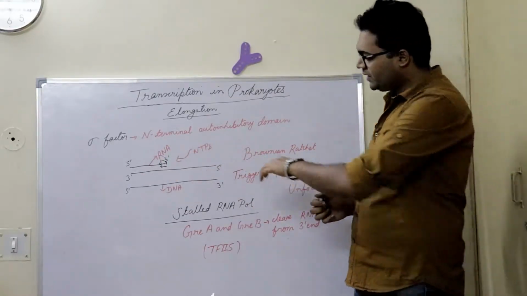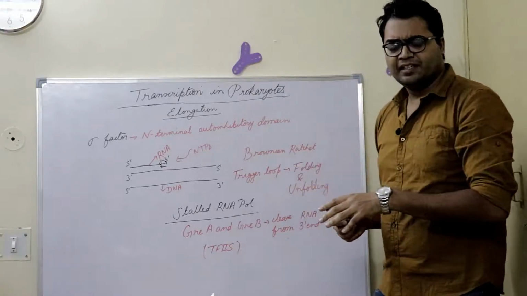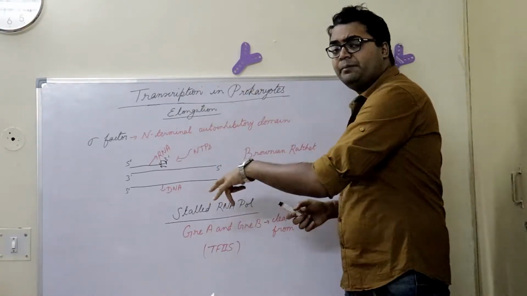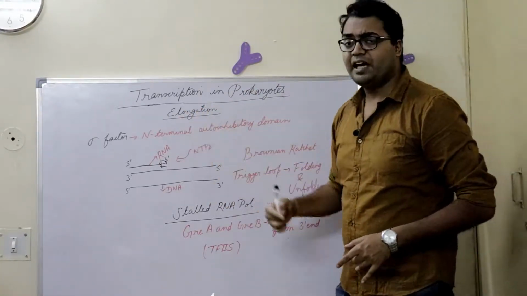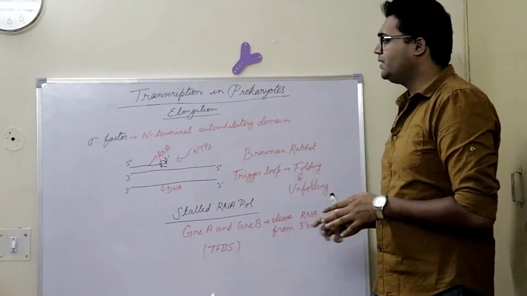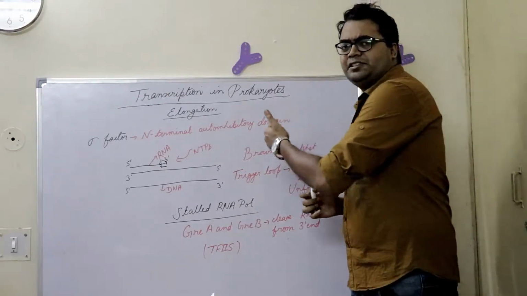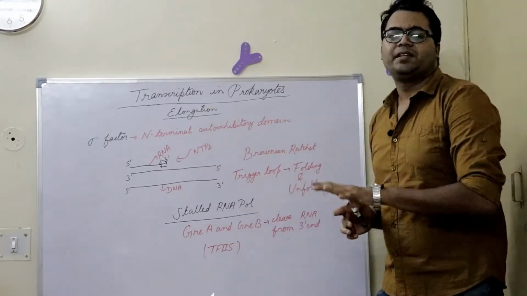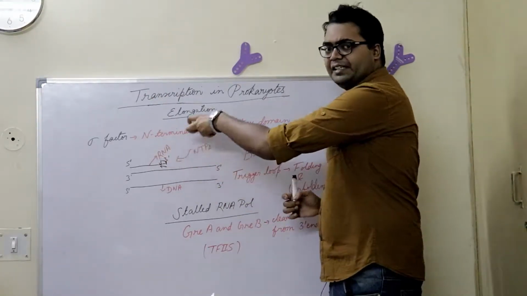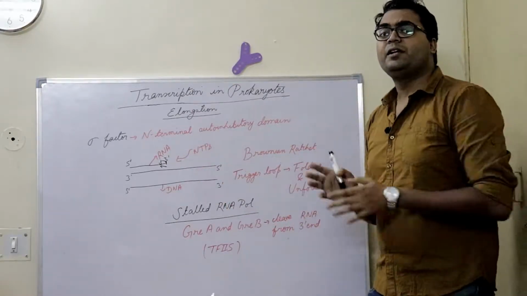Now this reaction fundamentally occurs due to the catalytic activity of the beta dash subunit of the core enzyme of the RNA polymerase. By this point of time, the sigma factor must have got dissociated in most of the cases, not all, but in most of the cases. So I'll be taking it as the core RNA polymerase enzyme, not the holoenzyme.